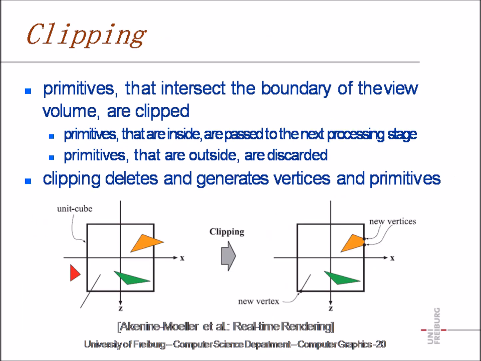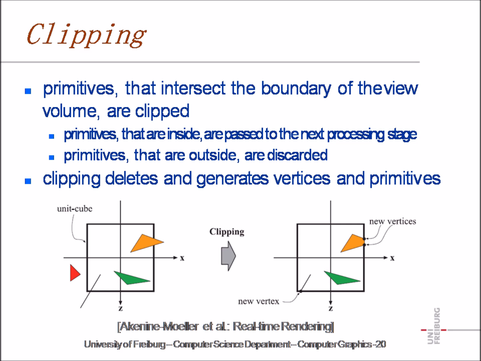Clipping is closely related to view volume. The primary use of clipping in computer graphics is to remove objects, lines, or line segments that are outside the view volume. Or simply, we can say that primitives like lines, triangles, polygons, etc. that intersect the boundary of the view volume are clipped.